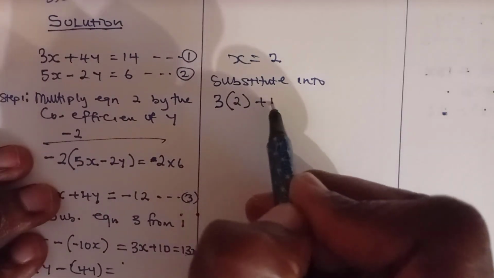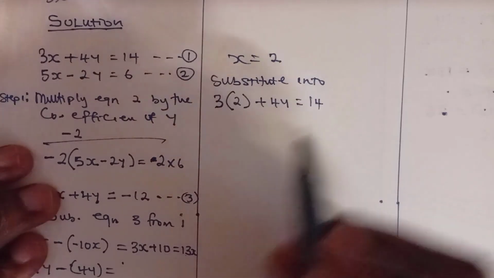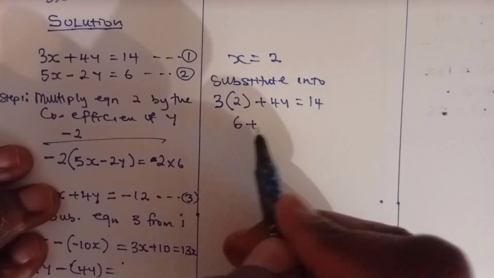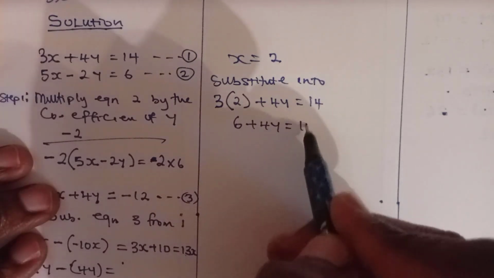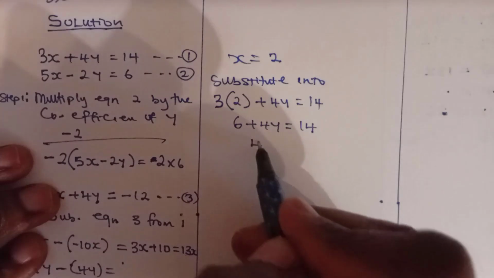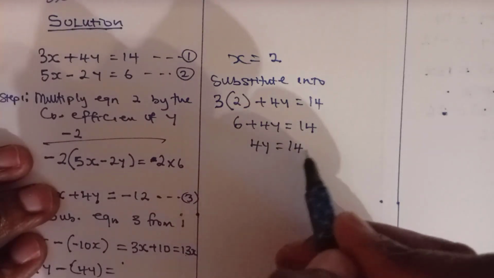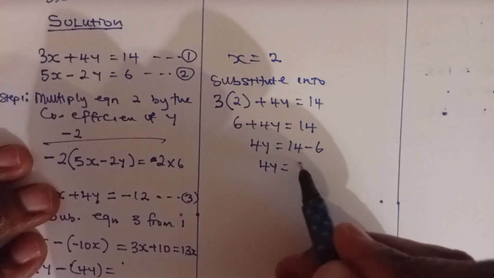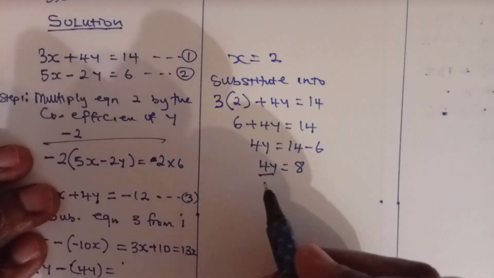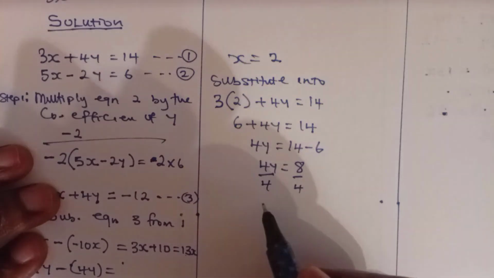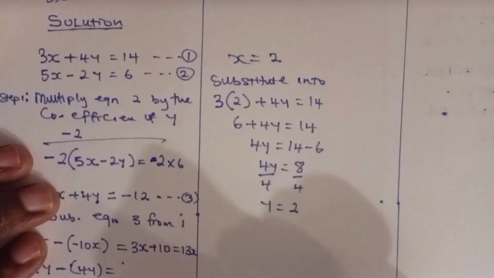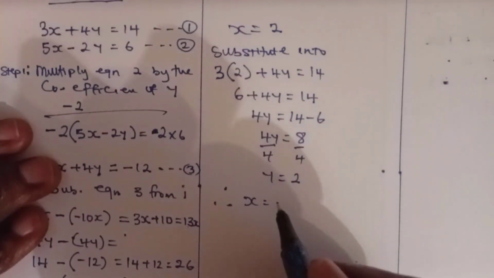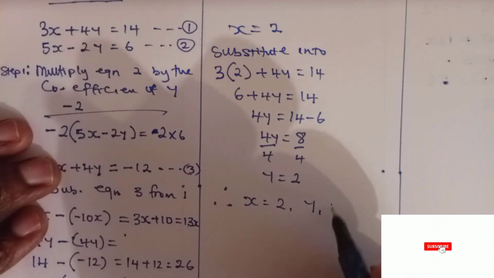So 3 times 2 is going to give us 6 plus 4y equals 14. So we have that 4y equals 14 minus 6, and 14 minus 6 is 8. So we divide both sides by 4, and we have y equal to 2. It simply means therefore that x is 2 and y is 2.